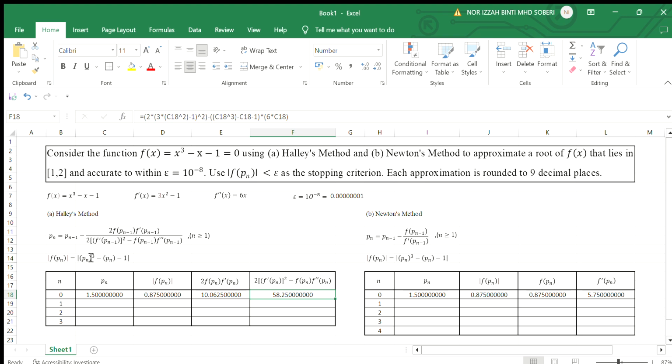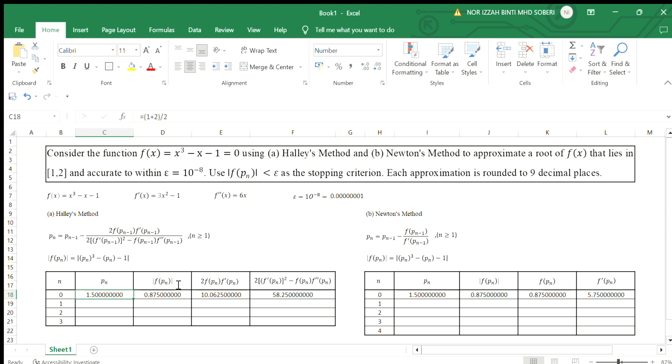This equation is only applicable for n more than or equal to 1, so how do we get P naught? P naught can be any number that lies between 1 and 2, but for this example I use a plus b divided by 2. So I get 1 plus 2 divided by 2, which is 1.5.